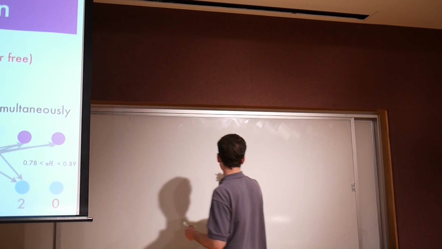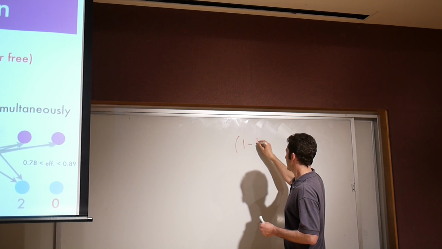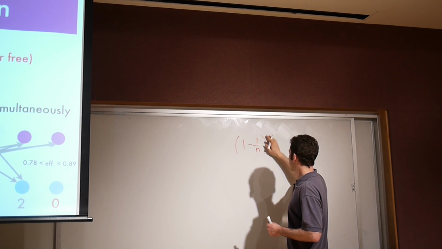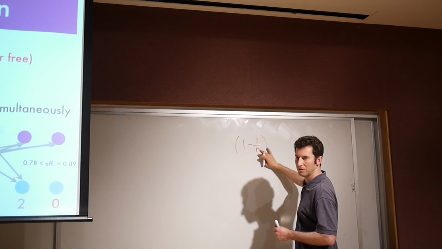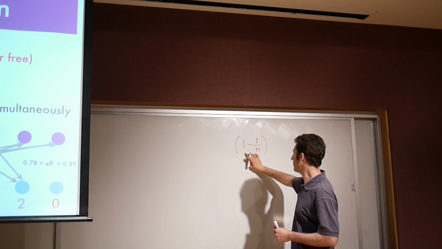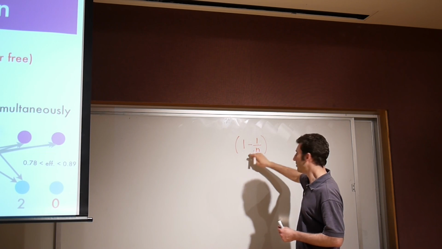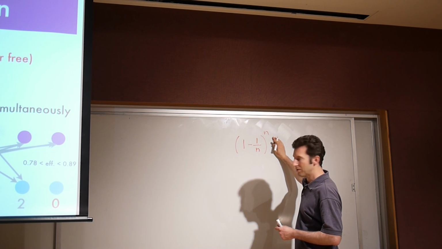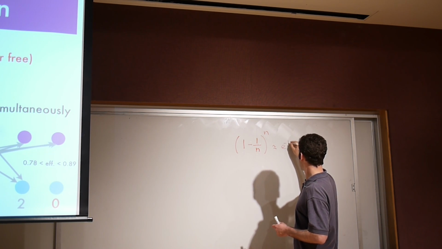So the probability that a machine does not receive a connection is, well, the probability that it receives a connection is 1 over n. So the probability that it doesn't is 1 minus 1 over n, right? Now I'm making n connections, right? So this is approximately 1 over n.